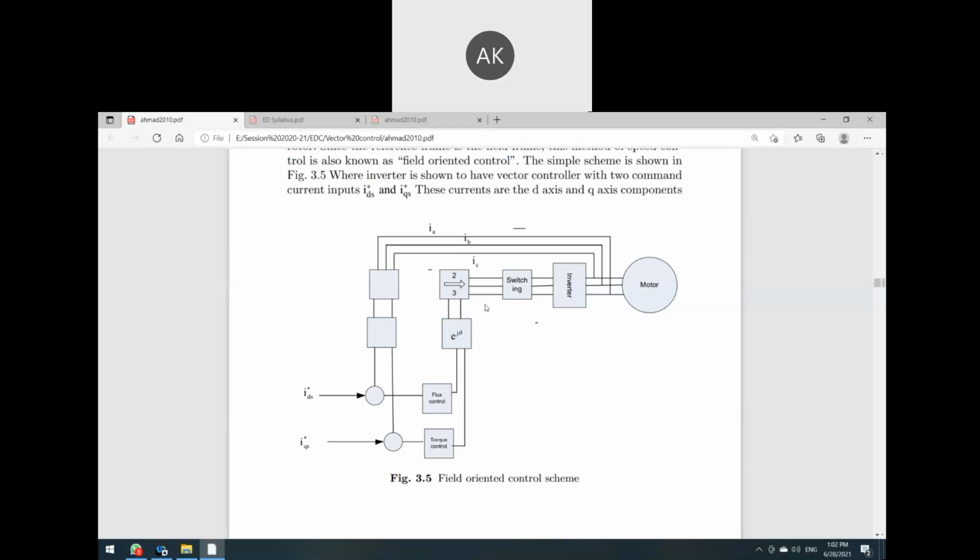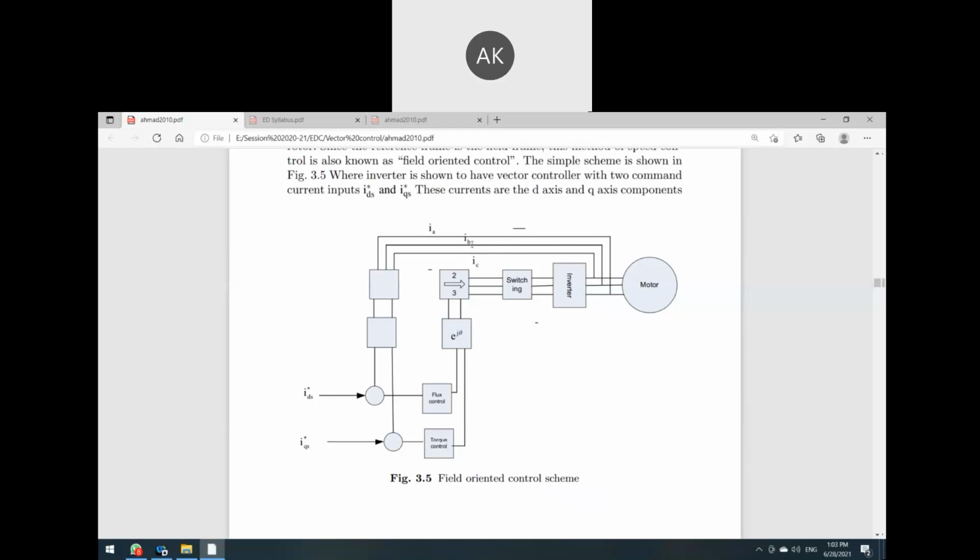So this is the block diagram for the field oriented control method. Basically, this is the induction motor, and there is an inverter, and the feedback current, or we can say the ABC current, is fed back from the motor supply.